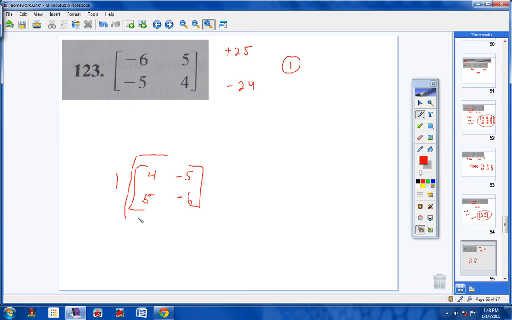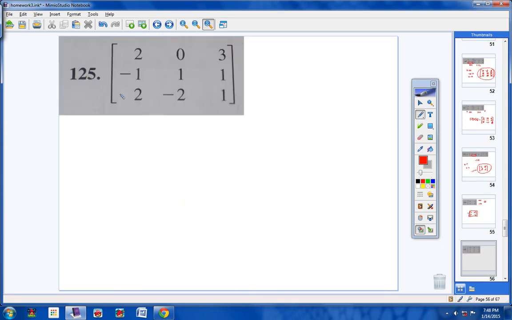So this right here is going to be the inverse matrix for 123. Let me check that quickly in the book, and then we will go on. Yes, we're good. Alright, moving on to number 125.